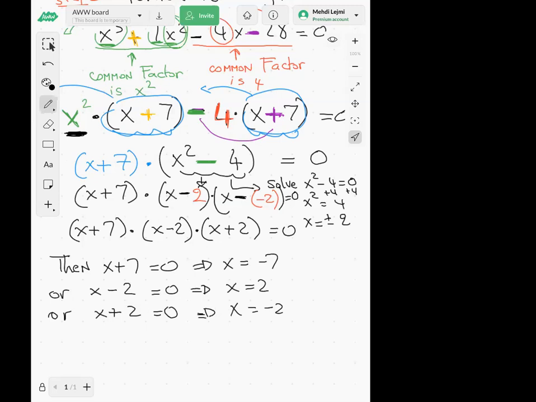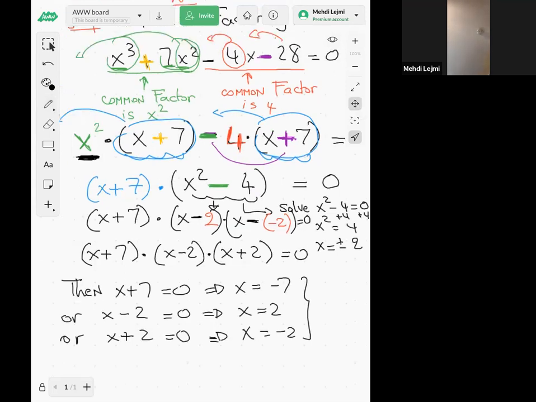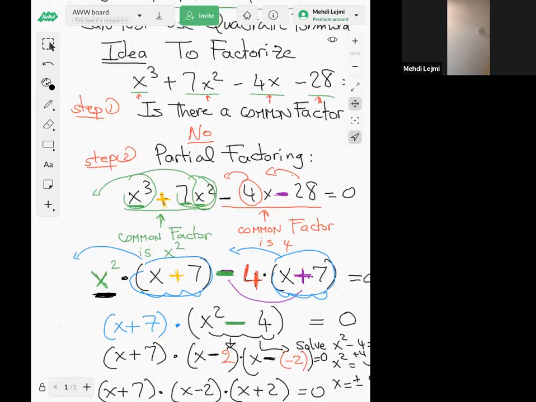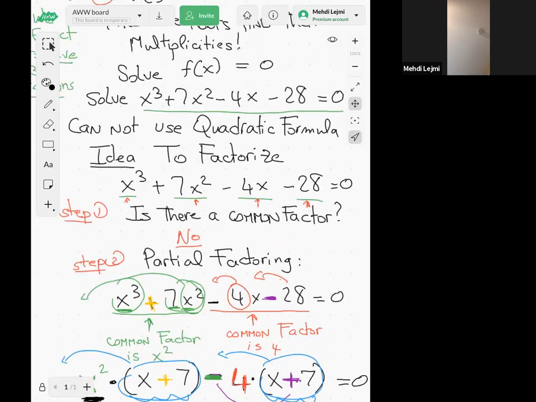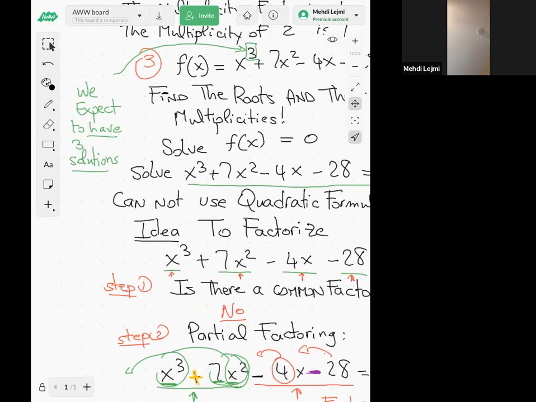So anyway, you see, guys, we got three solutions: negative 7, positive 2, and negative 2. And that's what we expected, right? We said, because it's x cubed, the degree is 3, we expect to have 3 solutions.